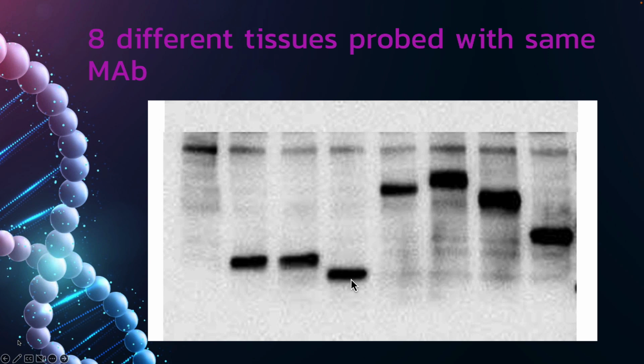But then when we look at tissues 4, 5, 6, 7, and 8, the proteins are all different sizes. And so this is really interesting because it could tell us that the rest of these tissues do make the protein. I would argue all 7 of these tissues make the protein. But with the exception of these 2 right here, all of the other tissues modify that protein in different ways.